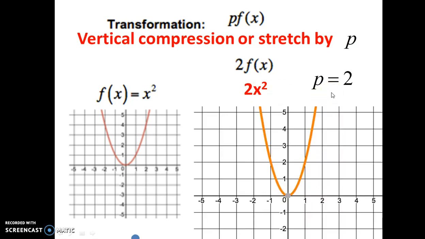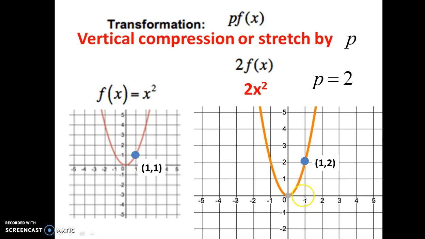So that's the graph. Let's take a look at one point just to see what's going on. That point is at 1, 1 originally. And now this in front of the whole function means we're changing the y values. So we're going to multiply the y values by 2. So that y value was 1. Now it's going to be 2. So let's take a look. There's a point right there, 1, 2. So notice the x stayed the same. But originally, x value of 1 created a y value of 1.